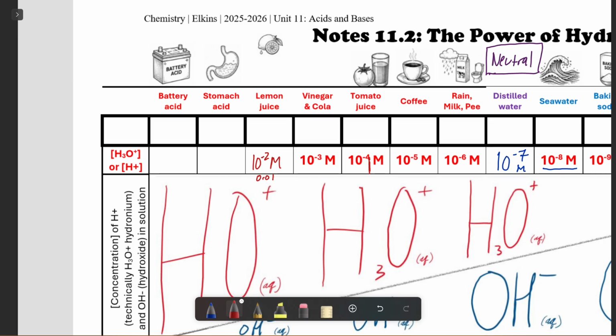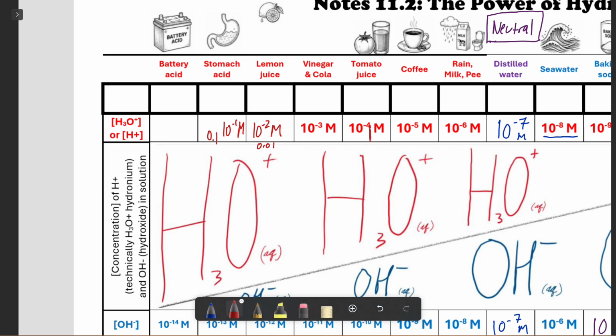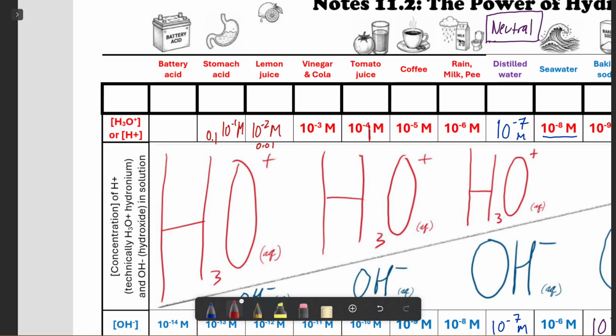Okay, your stomach has 0.1 or 10 to the negative 1 molar concentration. So that means for every liter of liquid inside of your stomach, you're going to have just 0.1 moles of hydronium. That's really acidic. That's going to break down your food.